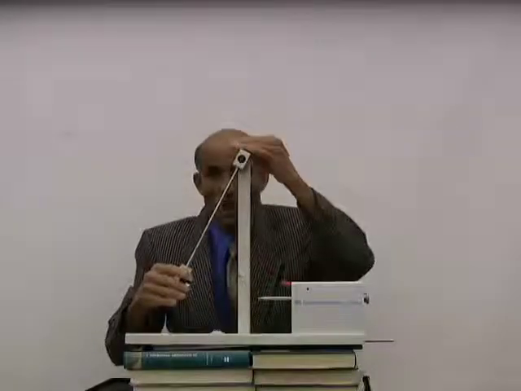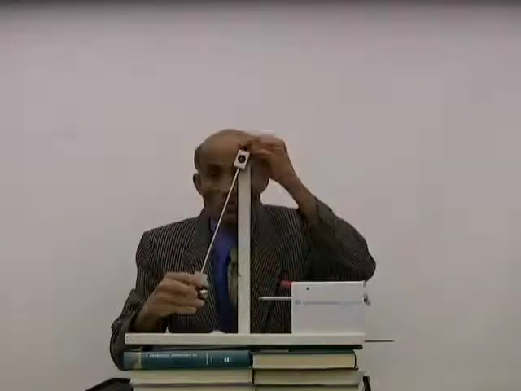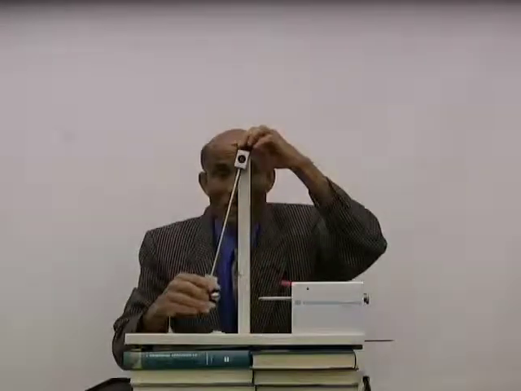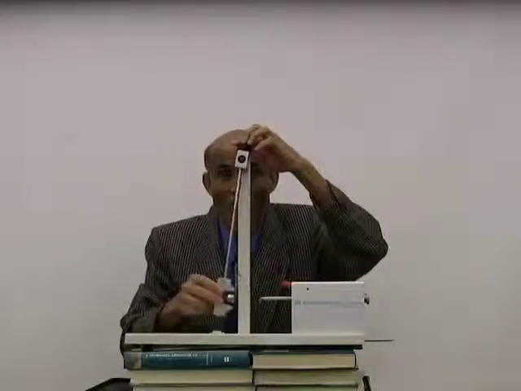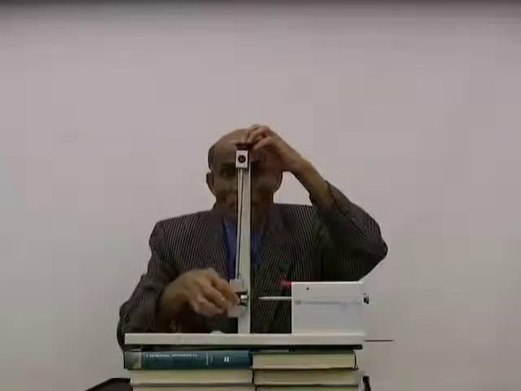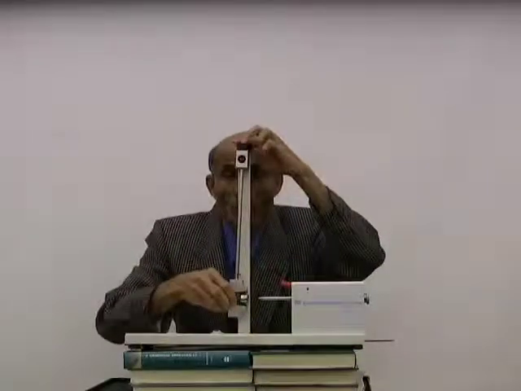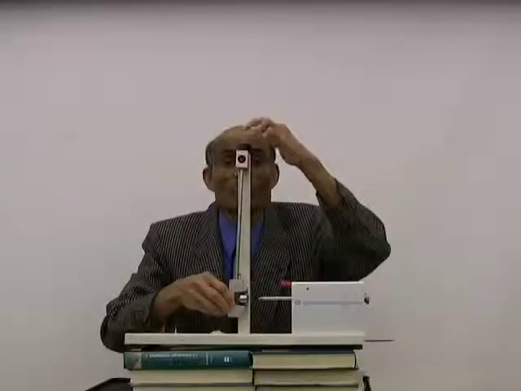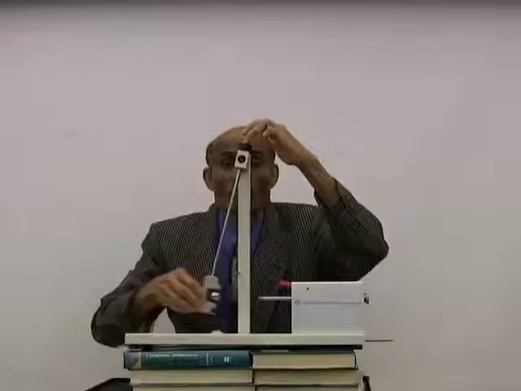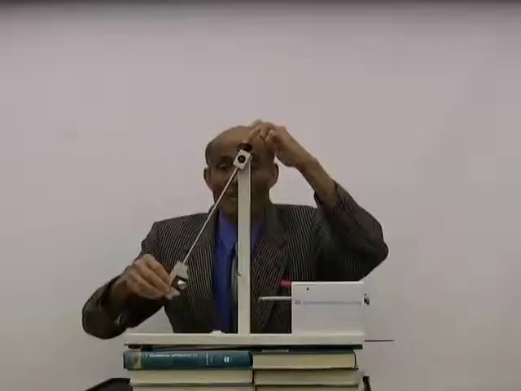as this object comes closer and closer, what is happening to the torque arm now? The torque arm is decreasing. That means when the object is here, the force that is directed downward will produce no torque at all. The torque arm is now 0. But if I move it like this, the torque arm is increasing.